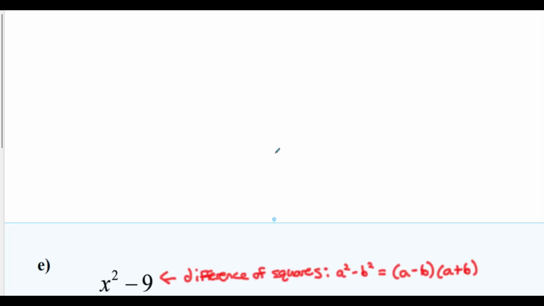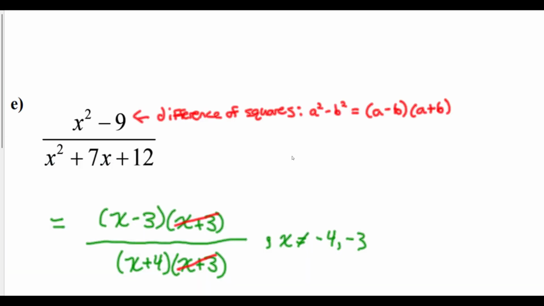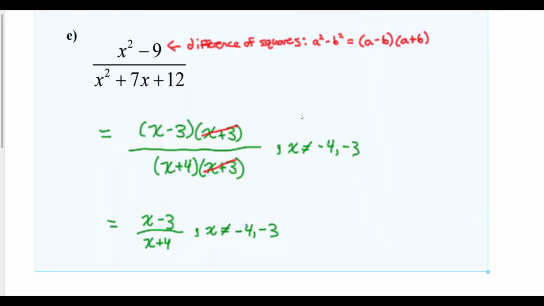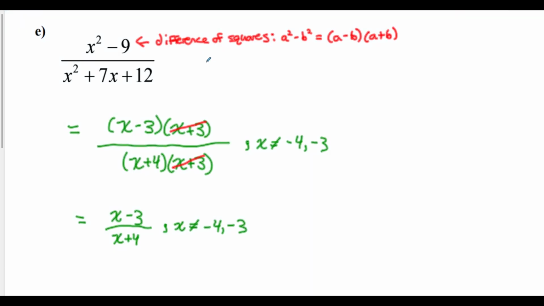Here we have x squared minus 9 over the bottom quadratic. Once again, factoring, you got to know how to factor. This unit requires you to be able to factor.